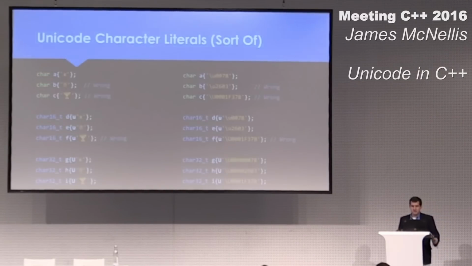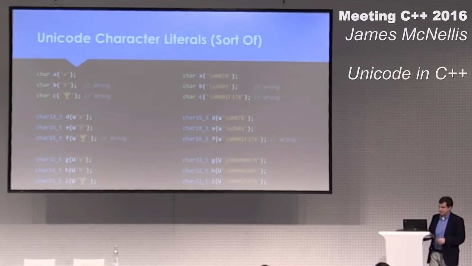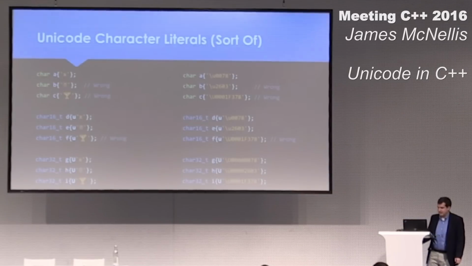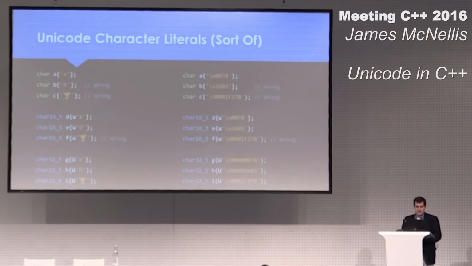We can also have Unicode character literals, sort of. And the reason I say sort of is because, well, not all of the Unicode characters are represented with a single one of each of these code units. So it is the case for char32_t. For example, we have the Latin letter X, we have the snowman, and we have this martini glass. All of those are representable using a single char32_t, and so all of those are well formed.